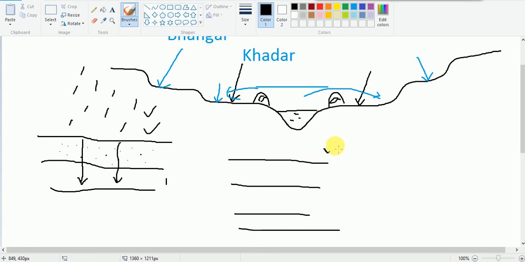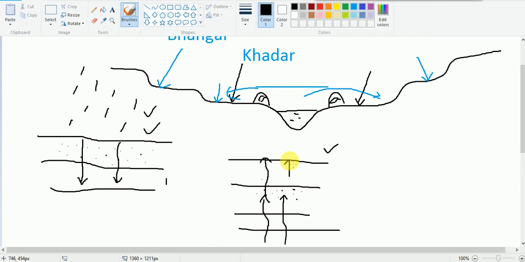For the desert areas, see here, from the groundwater, from the aquifer, from the lower areas, water will rise upwards due to capillary action of the soil, and this water will dissolve the different types of salts found here, and will carry them and reach the surface.